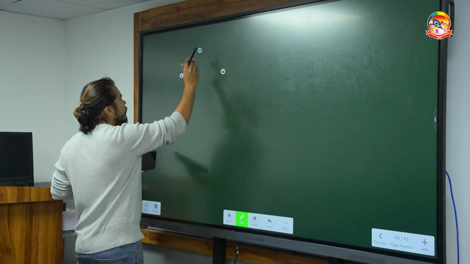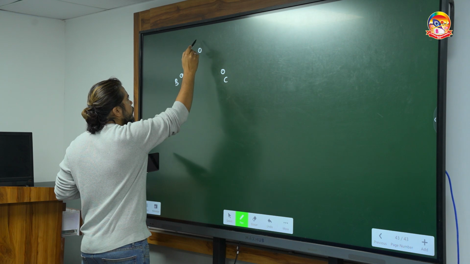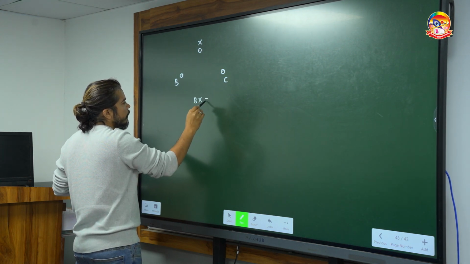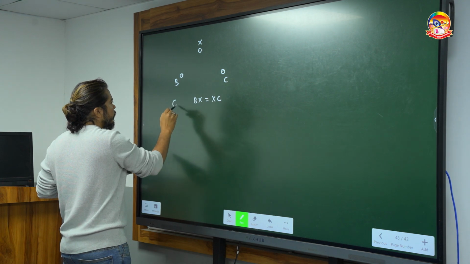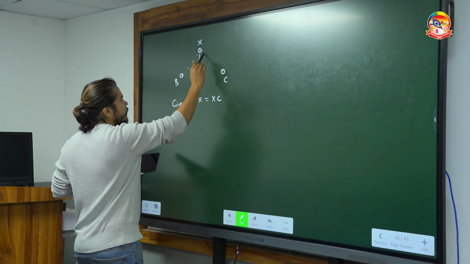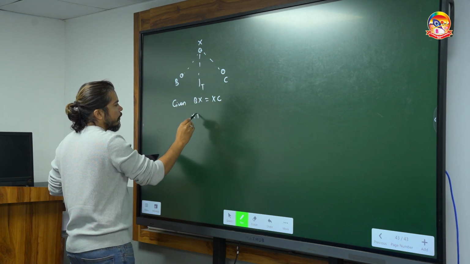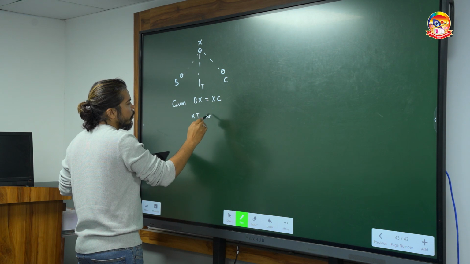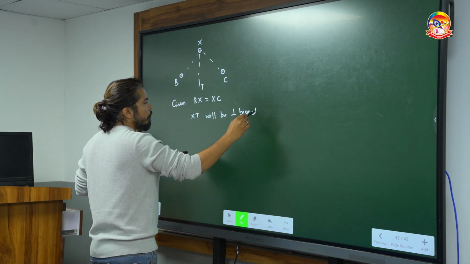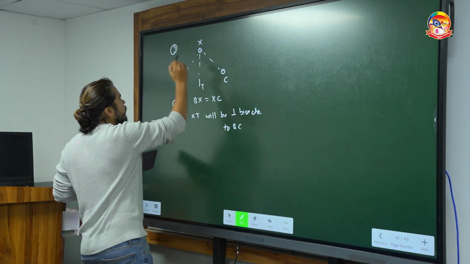In case I can find a point with respect to BC, say this is point X, such that BX is equal to XC, then this angle bisector XT will be the perpendicular bisector to BC. This is one important idea.